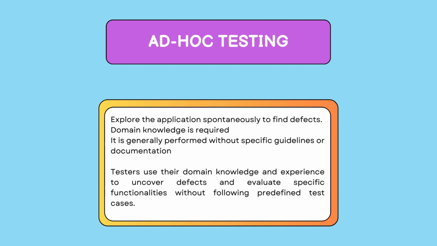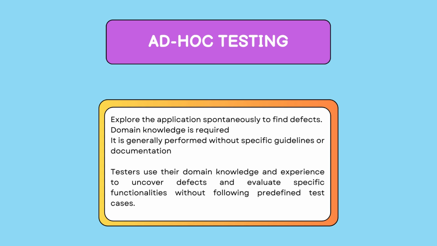Now let's see the third testing terminology, that is ad hoc testing. Ad hoc testing means exploring the application spontaneously to find defects. Actually it's a subset of monkey testing. Remember, this is a subset of monkey testing, but here the tester should have domain knowledge and testing experience.